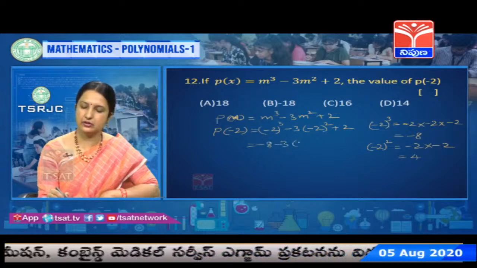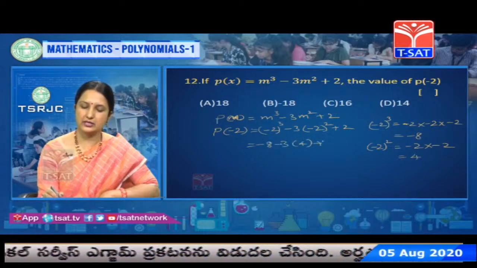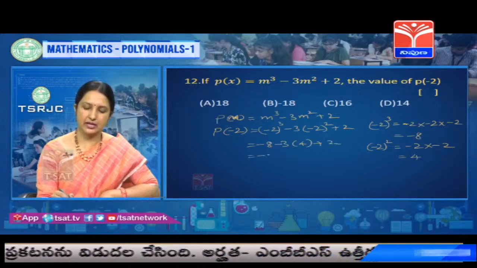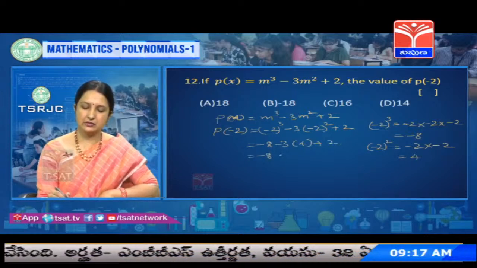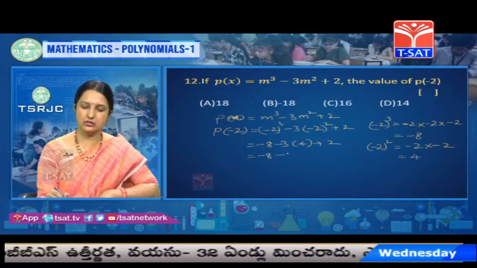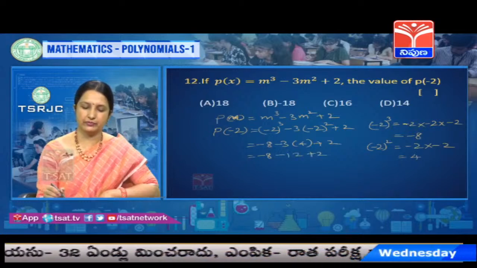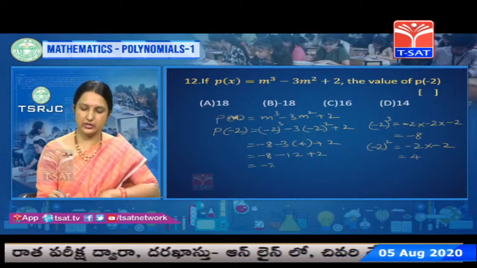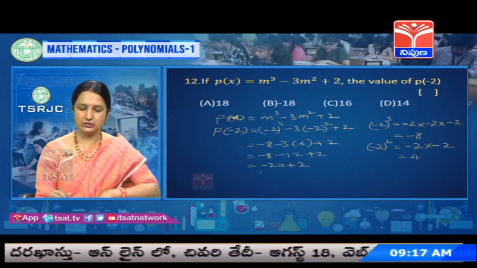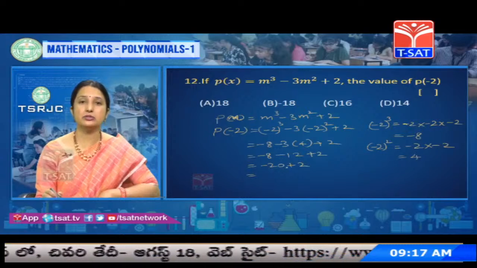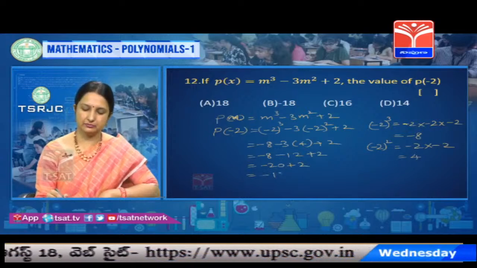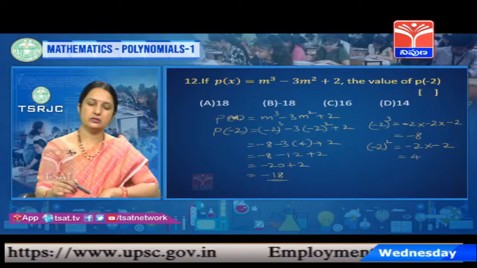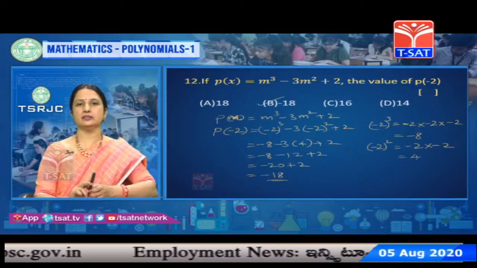Minus 3 into 4 plus 2, what will we get? Minus 8, minus into plus, minus 3 4s are 12, plus 2. So, minus 8 minus 12 is how much? Minus 20 plus 2. That is how much? Minus 18 only. So, option B is the correct one.